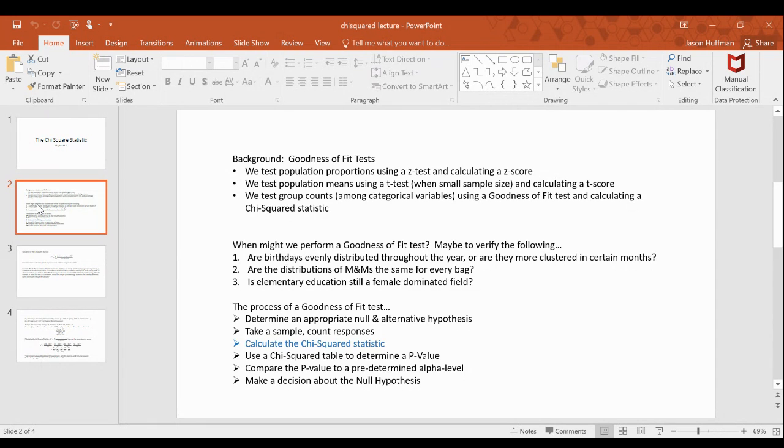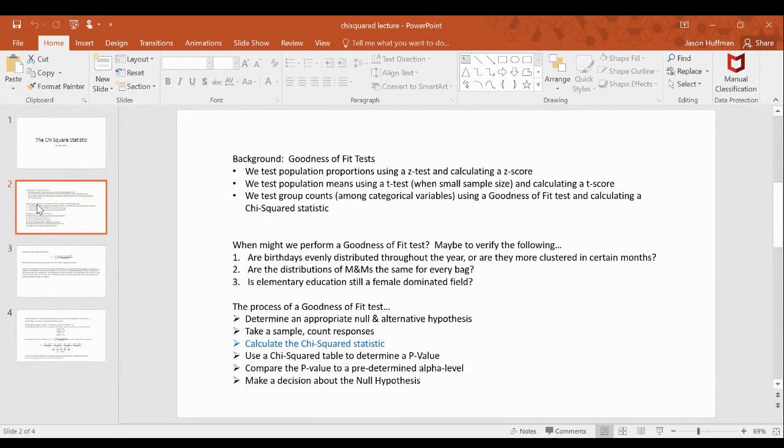Is the distribution of M&Ms the same for every bag? Or is elementary education still a female-dominated field? All of these are examples of problems where we could take counts of categorical variables and then decide whether or not our sample aligns with a population count.